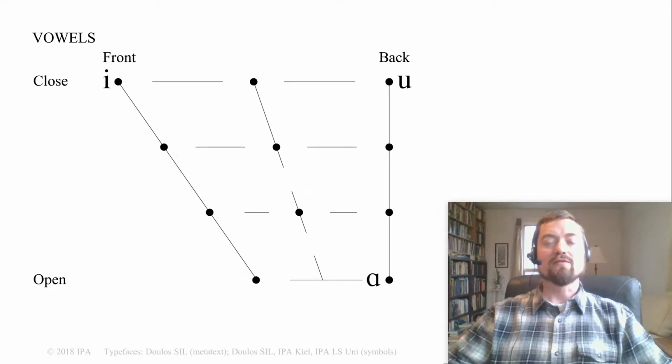So every time you have a vowel, you can sort of picture where it is on the chart, and that guides you into how to pronounce it.